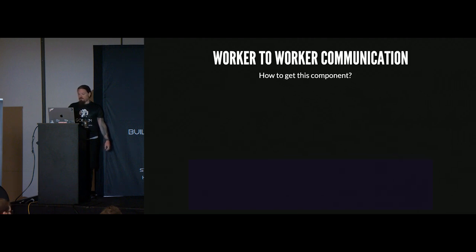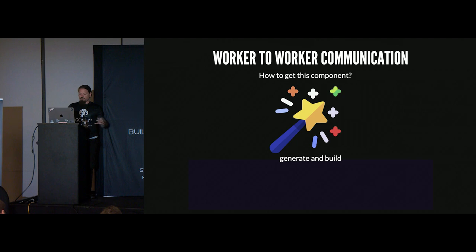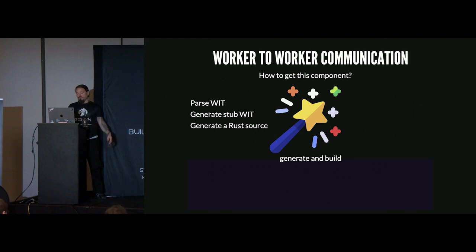In detail, it means first you have to generate and build this stub component by first parsing the interface definition of the target component, generating a new interface definition, and then generating some kind of source code that implements this. We are currently generating Rust source code, but it doesn't really matter because we immediately build the whole thing into a WASM file.